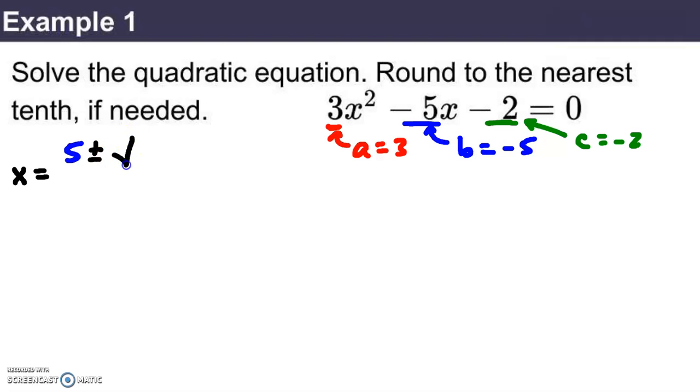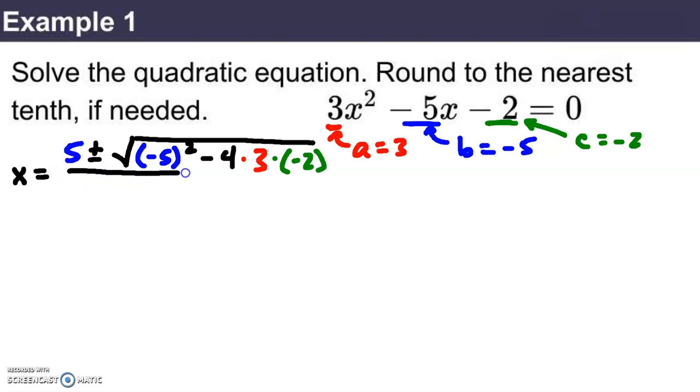Now I've got the square root of, I've got b squared, so negative 5 squared, minus 4 times a times c, and I've got all of that over whatever 2 times a is.